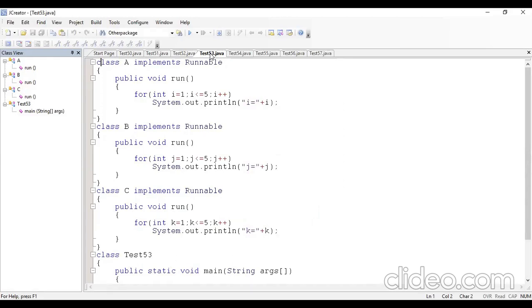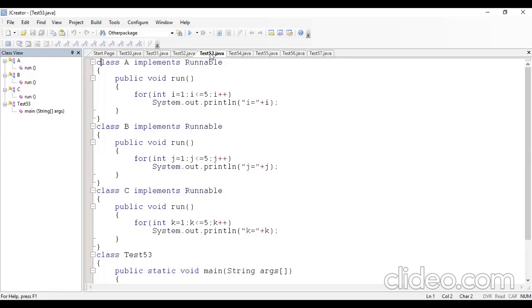This is the last topic of today's lecture. That is how the Runnable interface can be used to create and execute a thread. We already discussed the approach of extending the Thread class.